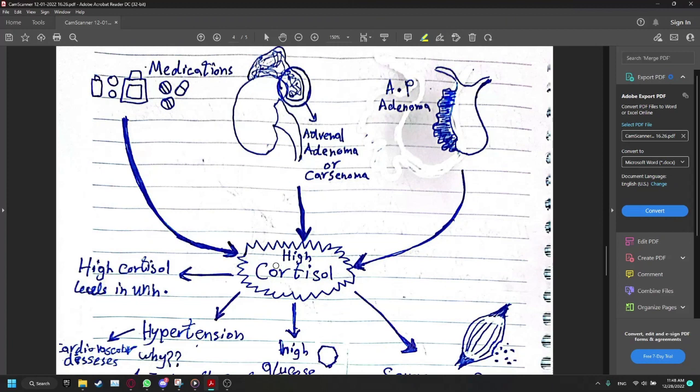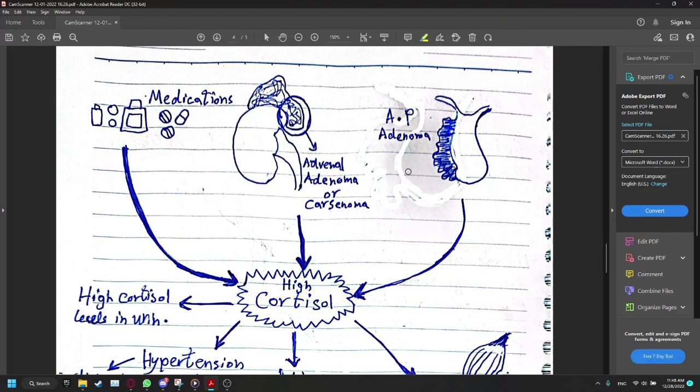So what would cause the high cortisol? As we said, it could be an anterior pituitary gland adenoma or carcinoma. It's actually rare to have a carcinoma in the pituitary gland, but it does happen.